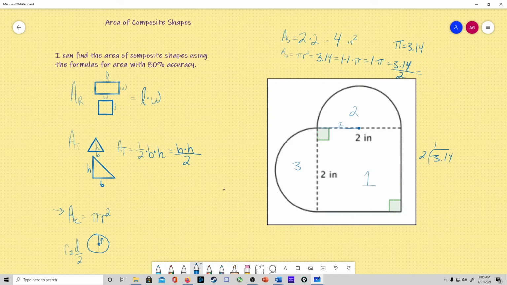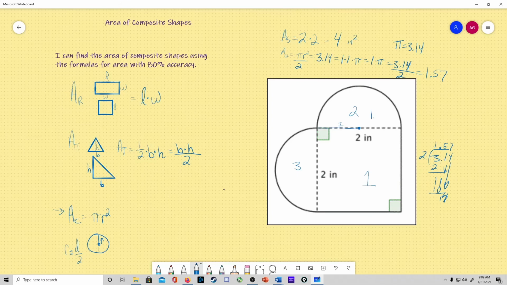2 goes into 3 one time. We get a 1. Bring that down, we get 11. 2 goes into 11 5 times. Remember, we got to bring our decimal up. That's going to be 10, we get a 1. Bring down the 4. And 2 goes into 14 7 times. So then we get 1.57. Remember, we had to take half of that because it's half.